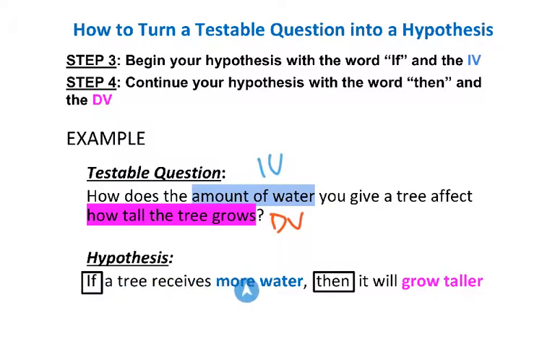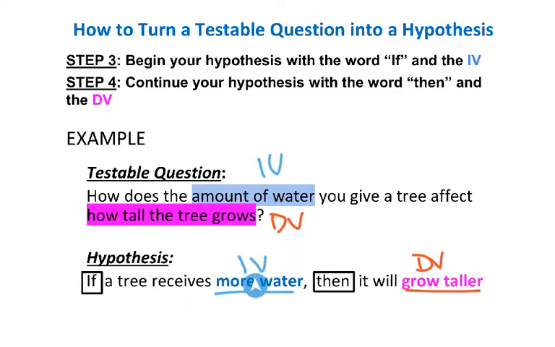If a tree receives more water, IV, then it will grow taller. That's our DV. If a tree receives more water, then it will grow taller.